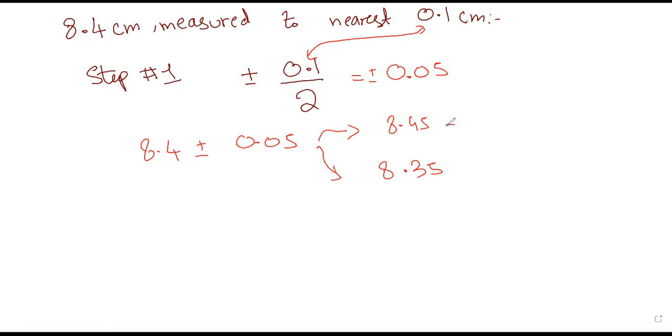Now this obviously means that this is the upper limit and this is the lower limit, right? Yes. So let's talk about last example of this type.